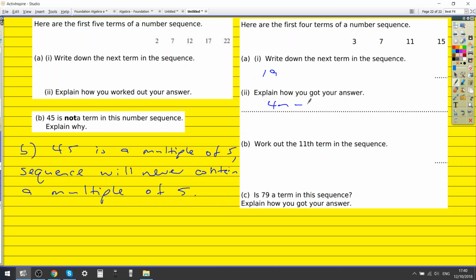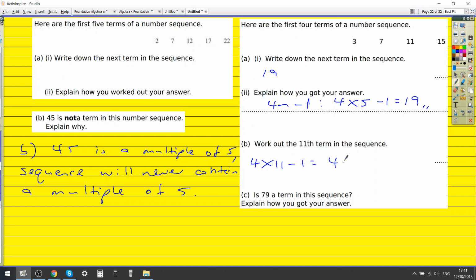Okay. 1, 2, 3, 4, 5. Okay. 11th term. So it's just 4 times 11, 43.